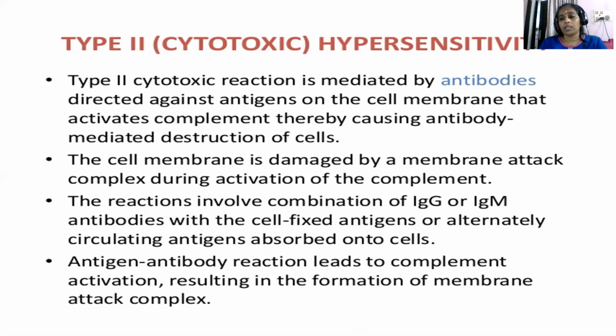So in this reaction, the IgM and IgG antibodies attack the cell membrane surface protein, which activates an array of complement and results in the destruction of cells. The cell membrane is damaged by membrane attack complexes during the activation of complement. Complement is an array of proteins, and the final product of complement is MAC, or membrane attack complexes.